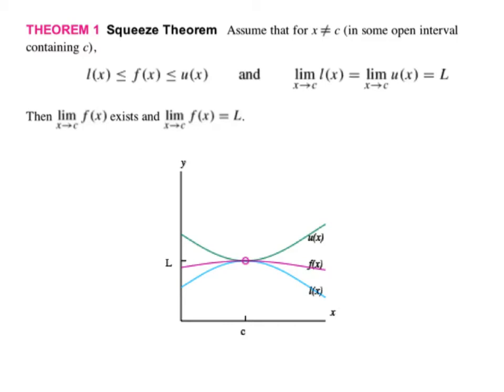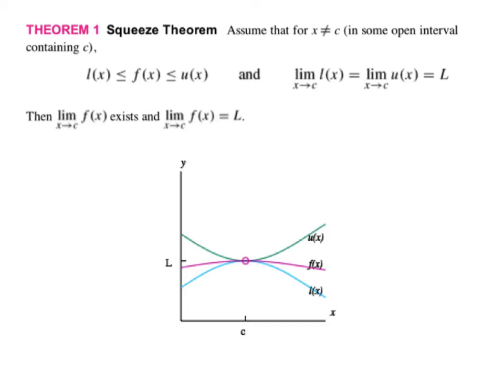The first one is the squeeze theorem. I'll be completely honest, although it is applicable and it works, it's not something that we're going to see a ton. The squeeze theorem states that, assuming x does not equal c in some open interval containing c, we have three functions.